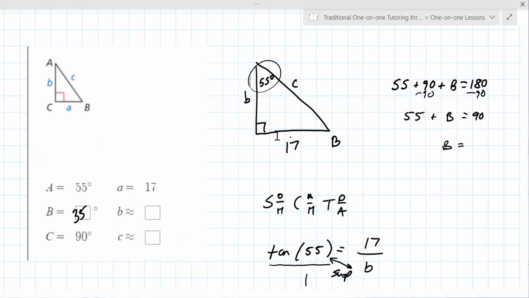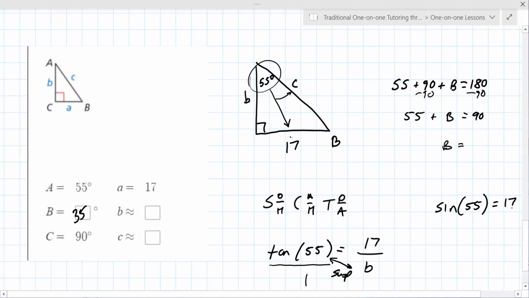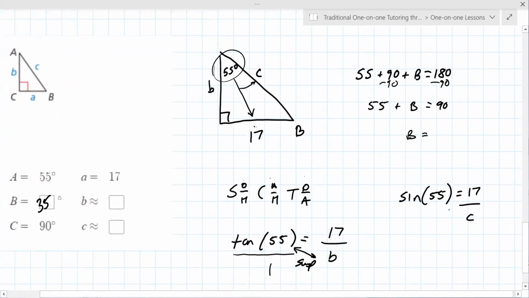All right, I'm ready. Okay, so relative to this angle, to find C, we can use the opposite over the hypotenuse. So opposite and hypotenuse is sine. So the sine of 55 equals the opposite 17 over C. So we have these three options, and relative to this angle, we choose the one that works best for the thing we're trying to find. In this case, again, you can just swap positions.